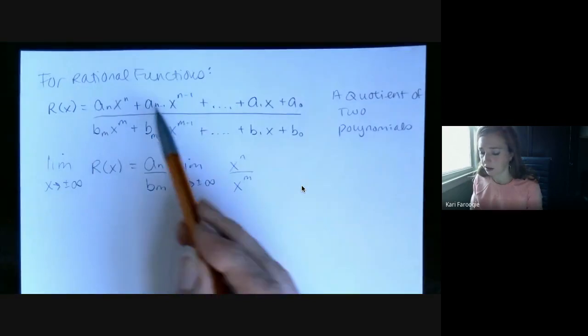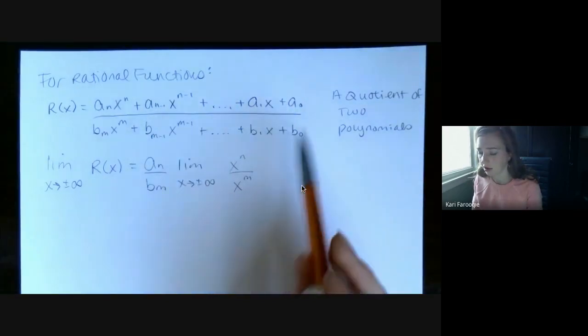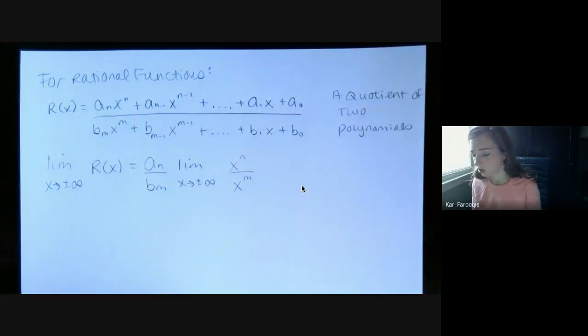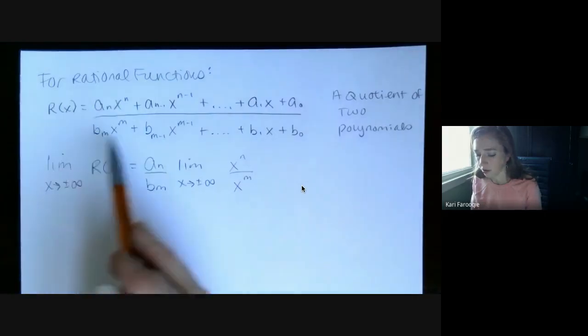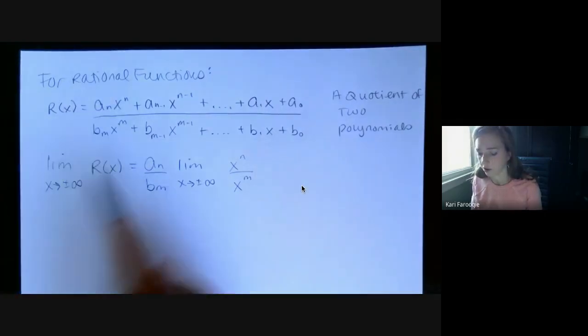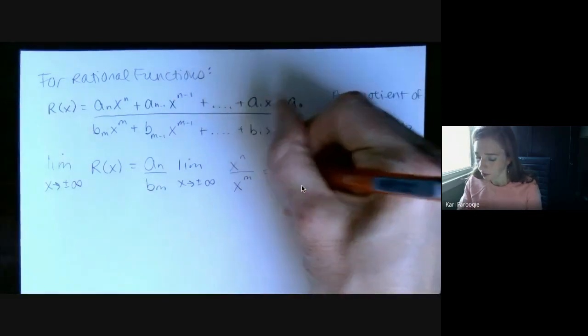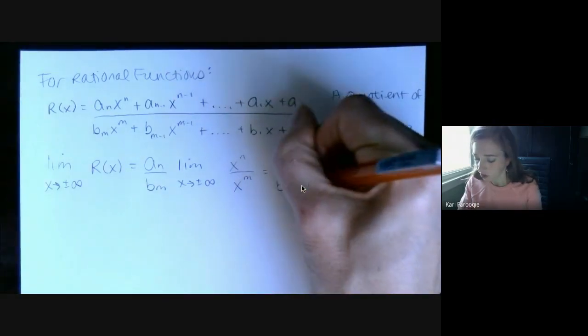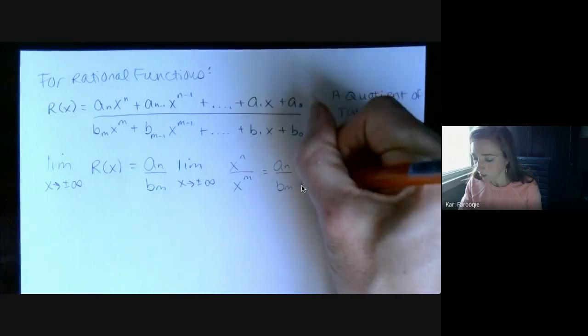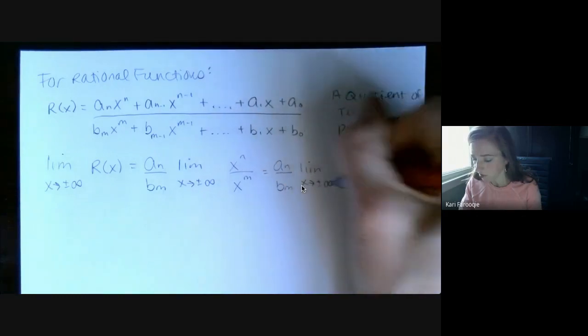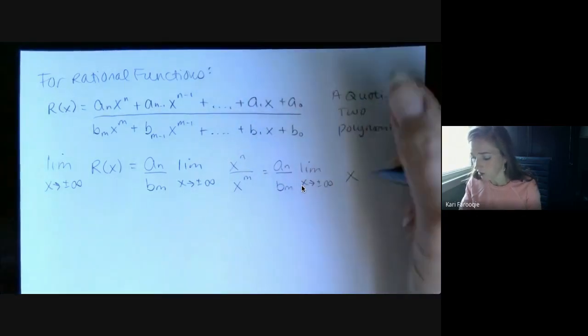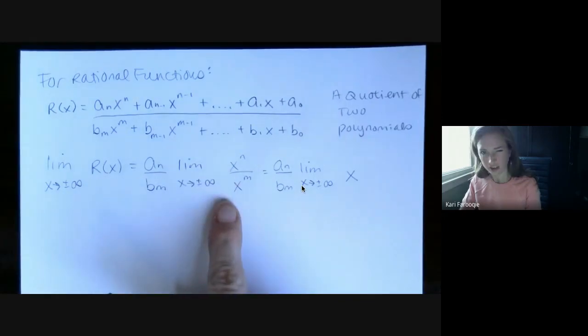So again, anything that comes after this does not have as much power on the function. The only thing that's really affecting your end behavior is what's happening in that first term in both cases. So this is going to be the ratio of the lead coefficients times the limit as x approaches plus or minus infinity of x to the n over x to the m. And remember your exponent rules. I think I reminded you of this one on the first day.